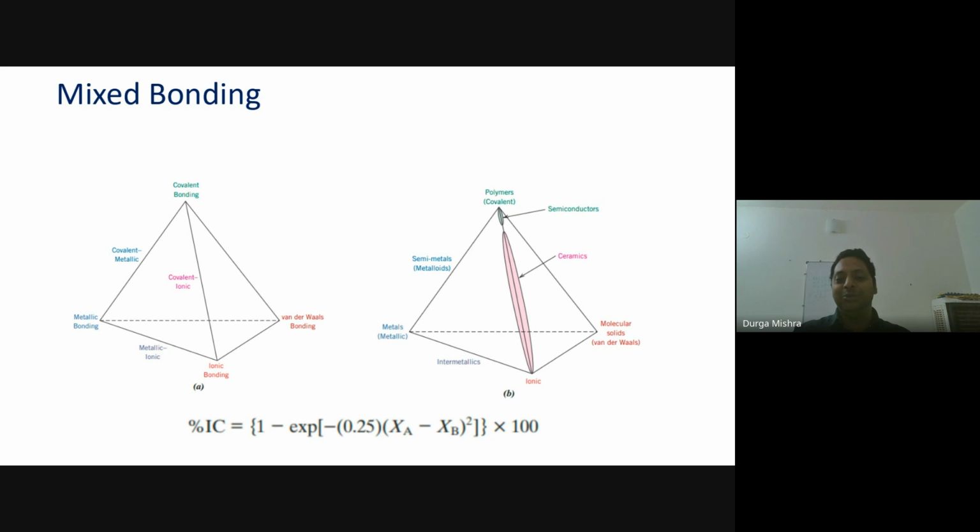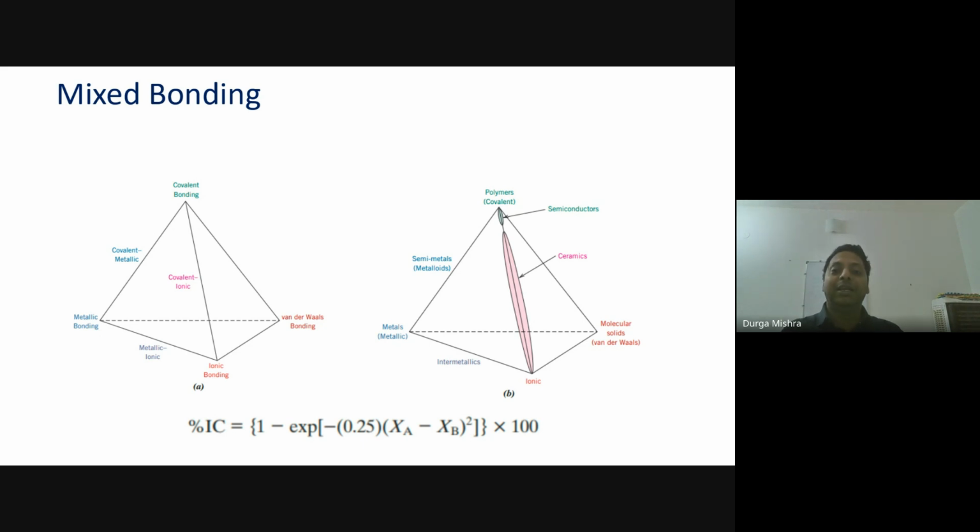On the right-hand side, if I take a metal, it is purely metallic. But if I take a purely metallic material and make an alloy with something ionic in nature, we form something known as an intermetallic. This is a class of material, a form of alloy.